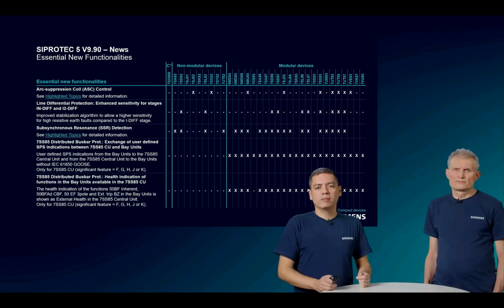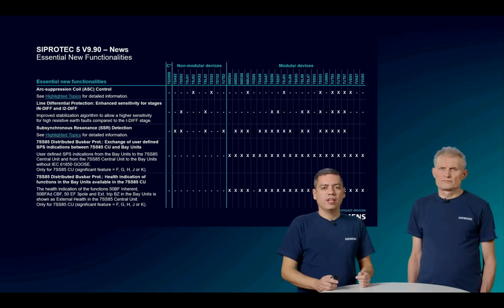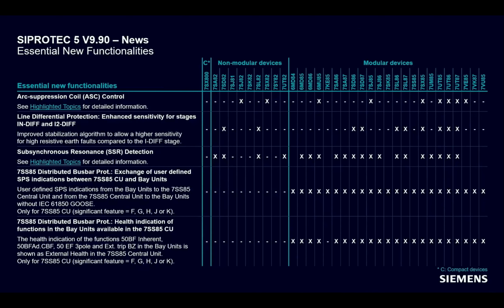7SS85 Distributed Busbar Protection, health indication of functions in the B units, available in the 7SS85 CU option. This will be available for all the modular devices except the 7KE85, our fault recorder device.